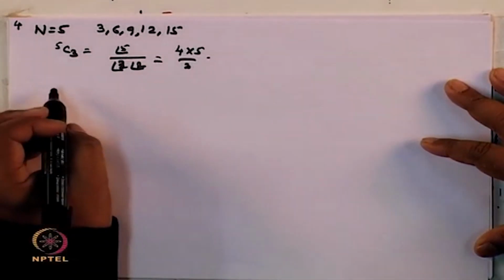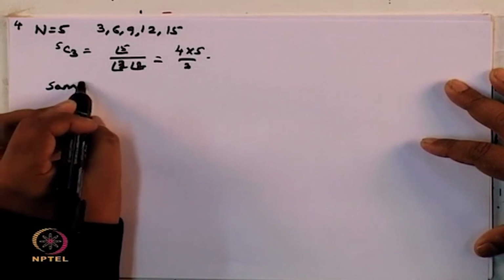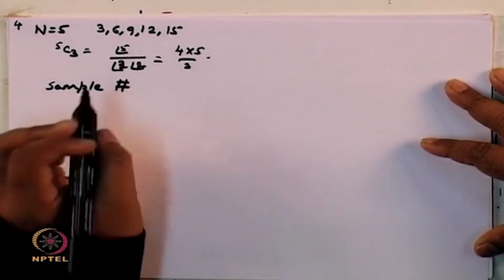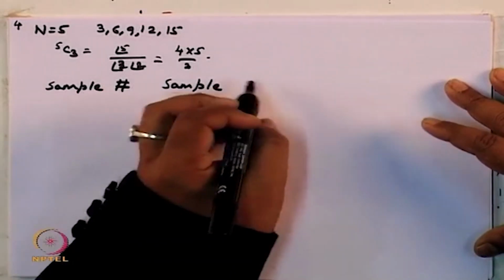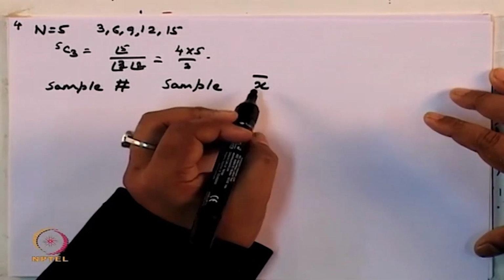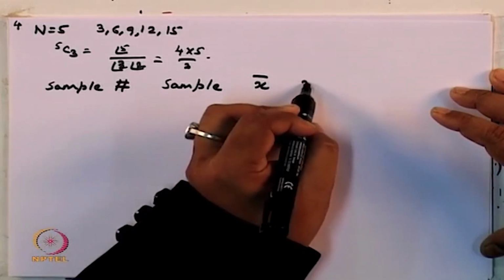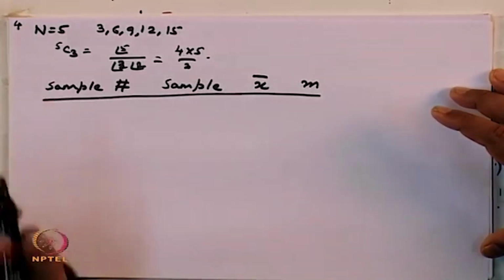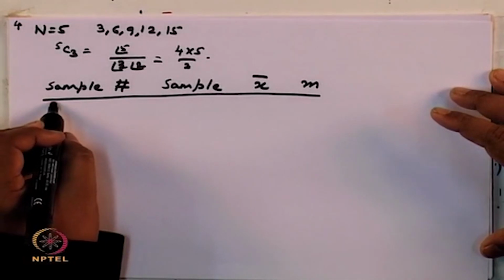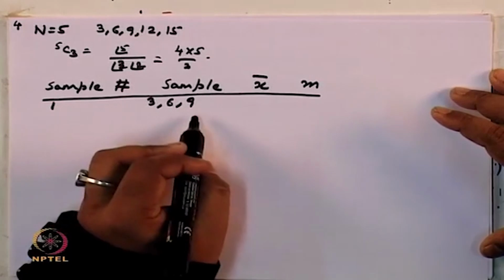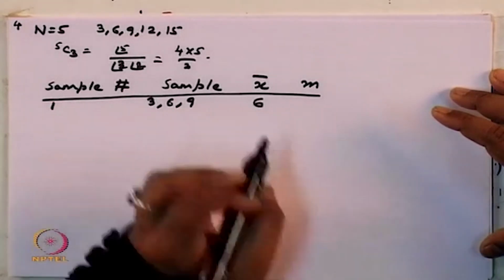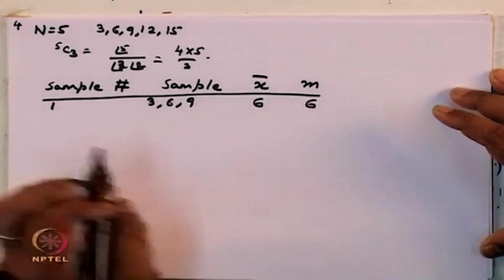Okay, let us list down the numbers. I will write down what is my sample, and for each of these I will calculate the x bar, the sample mean, and let us say M is the sample median. I can draw 3, 6, 9. For these cases my x bar is nothing but 6, my median is 6.